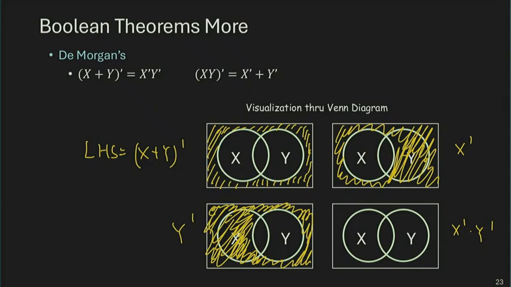And their intersection, right? We're essentially checking for intersection. And their intersection is exactly this outside region, when it's not covered by x and not covered by y. Right? From these two, you take the intersection, you get x prime dot y prime.